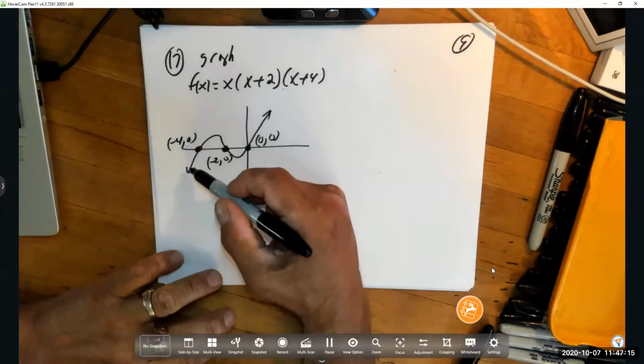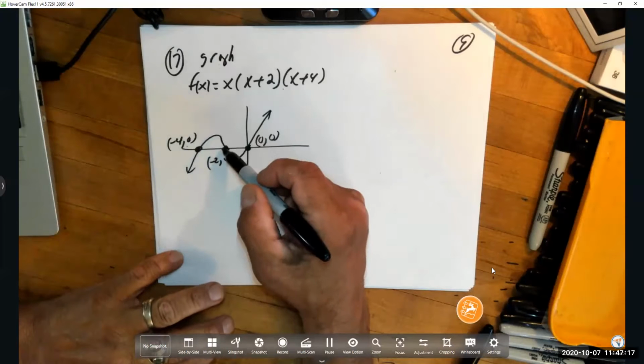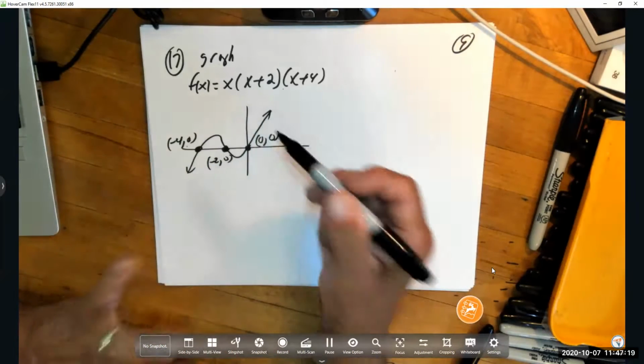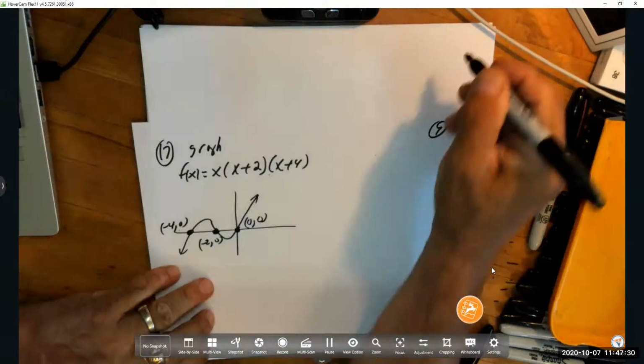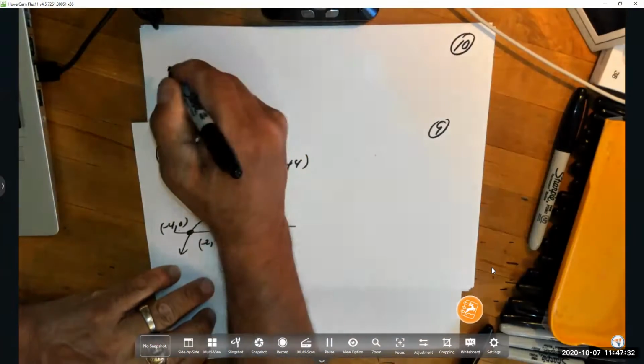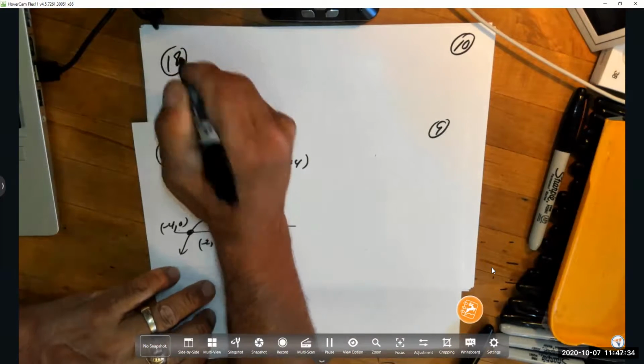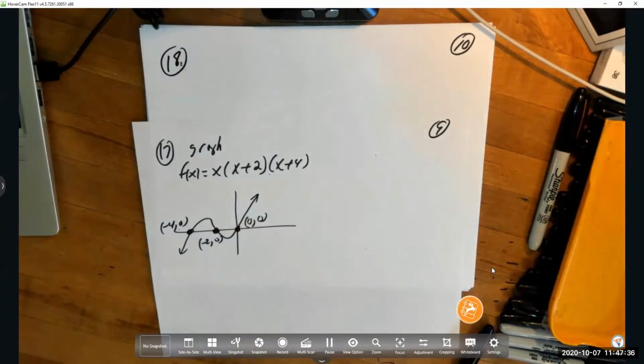Kind of like blood pressure: normal, high, normal, low, normal, high, as your pressure goes up and down, up and down. All right, 17. Let's go to number 18 then.